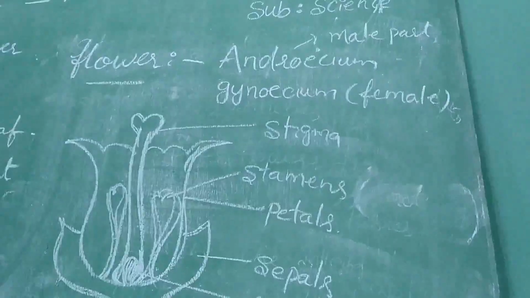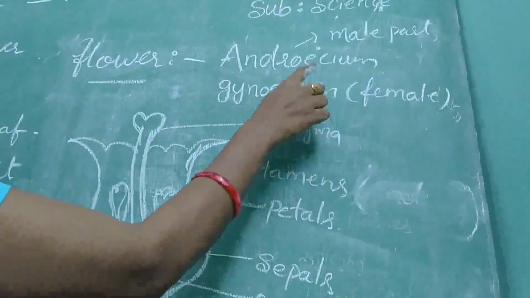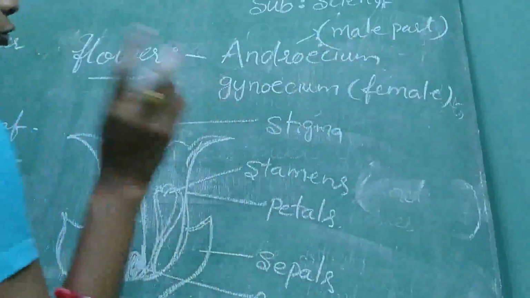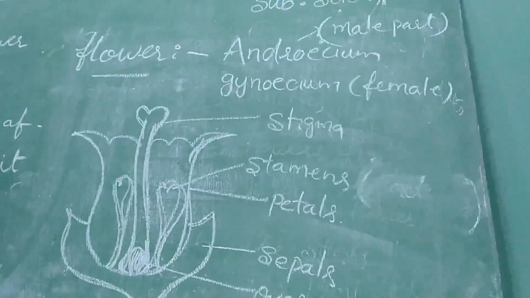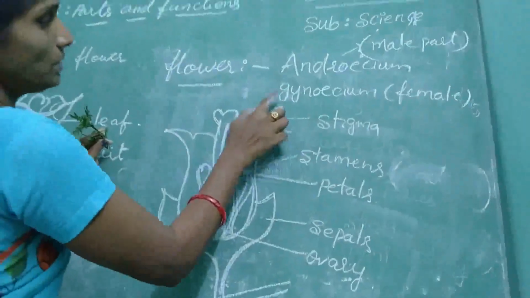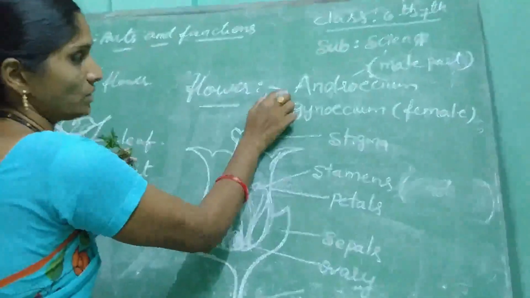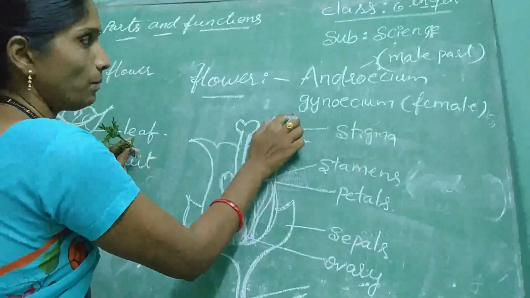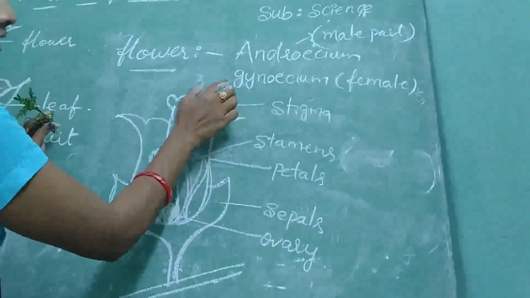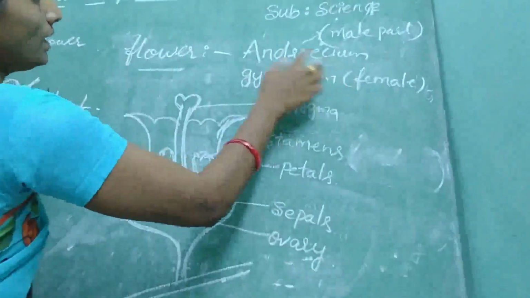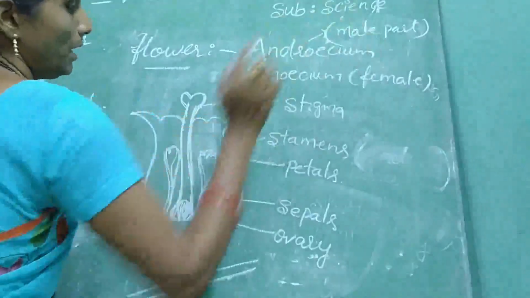Gynoecium is the female part, androecium is the male part.